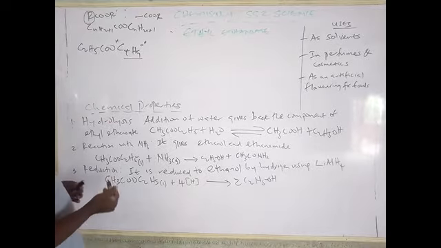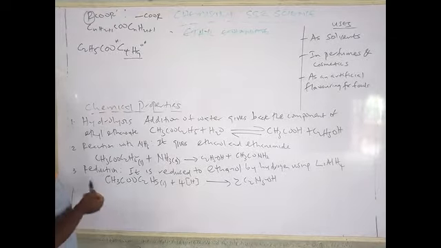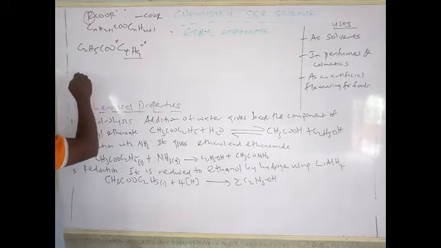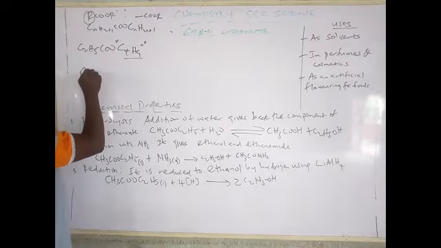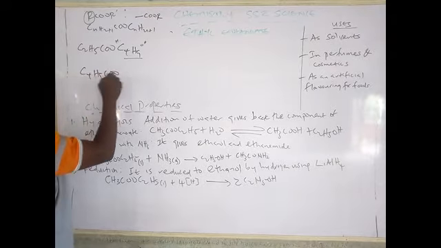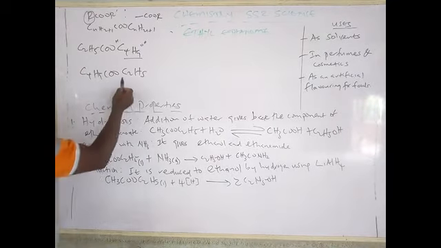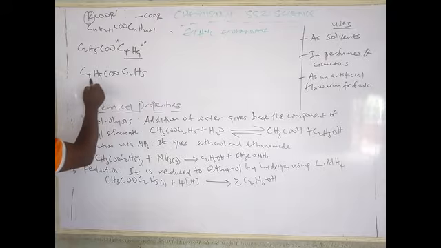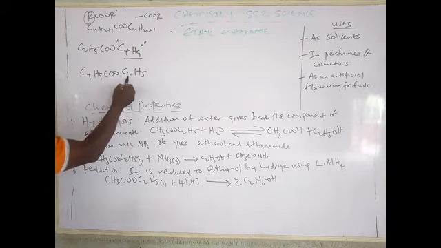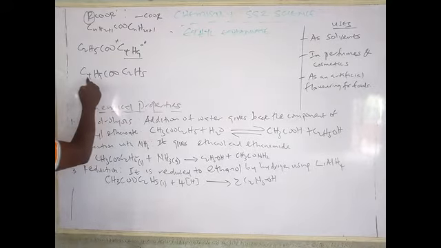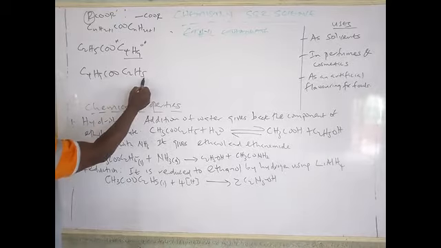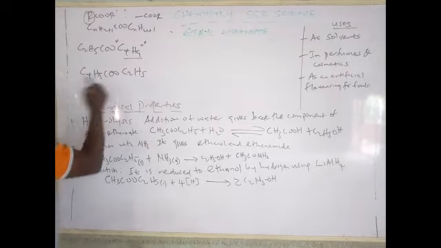Let me give another example. If I write C4H9COOC2H5, that is ethyl. How many carbon atoms do we have left? 5. Ethyl 1 plus 4 making 5. So that would be ethyl pentanoate.